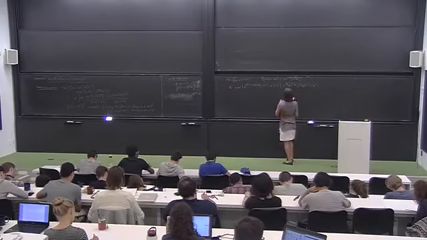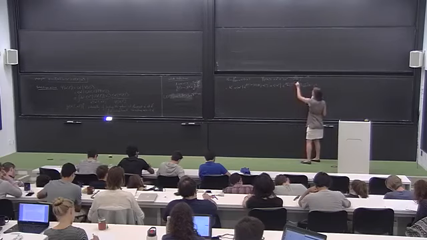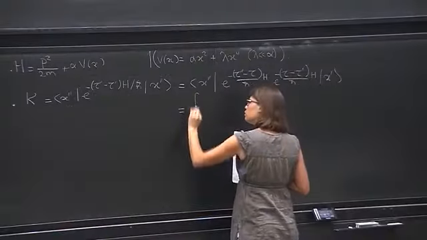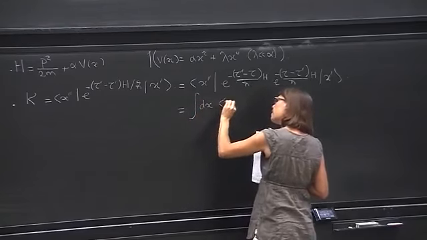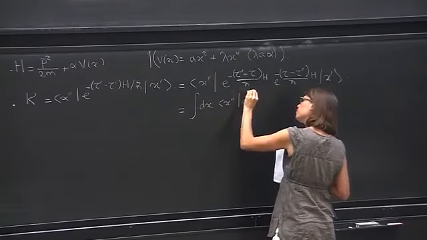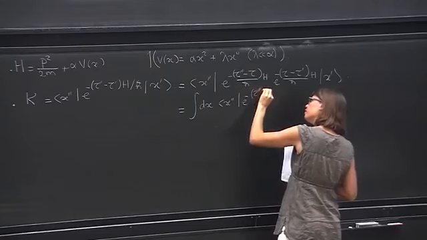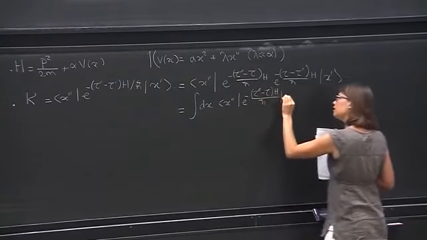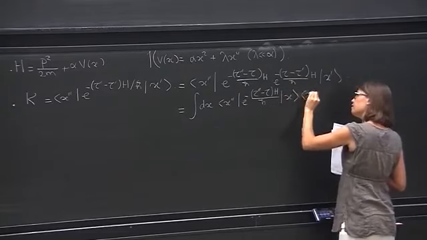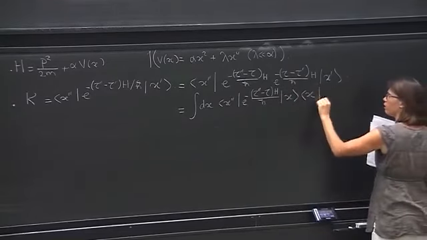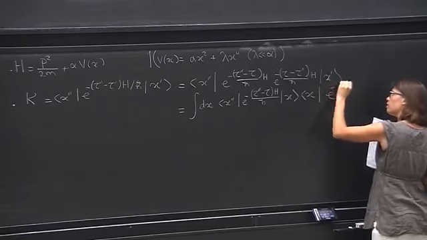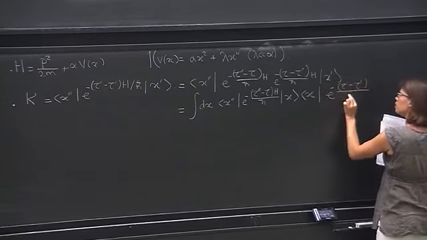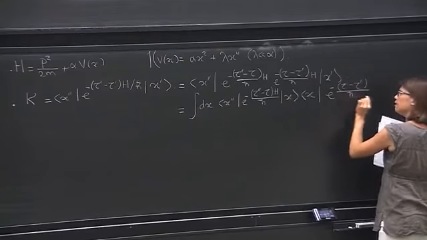And now let's introduce between these two the identity resolution. I know that some of you are familiar with the path integral formalism. I've seen that in the survey, but it's not exactly the case for everyone. So I still want to present this general method, which is anyway useful to have seen at least once.